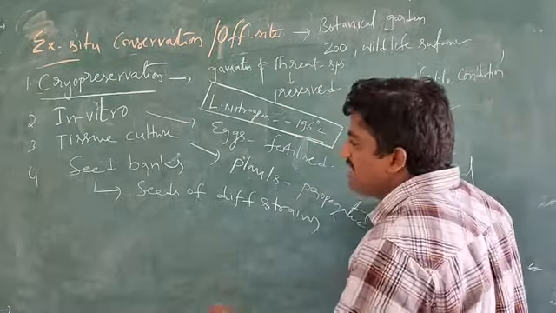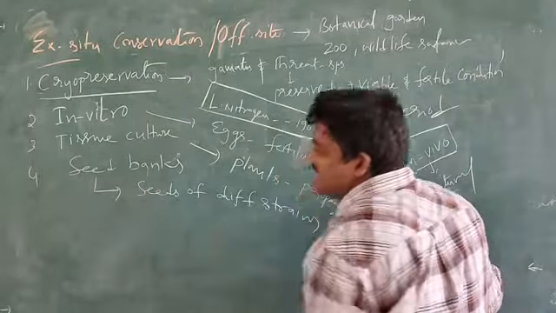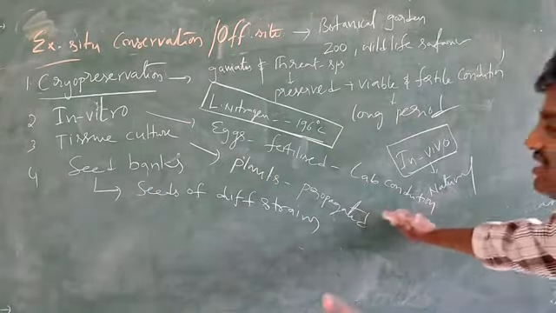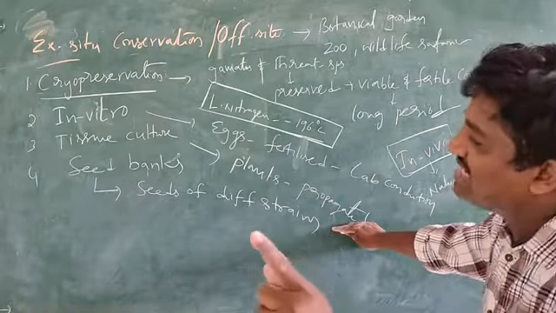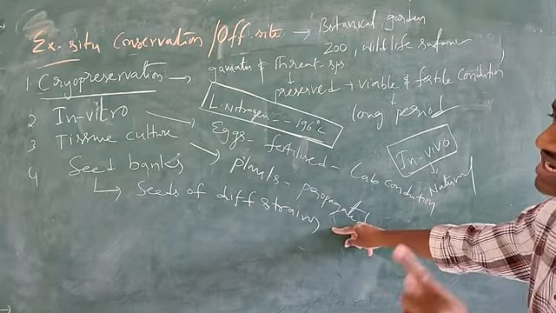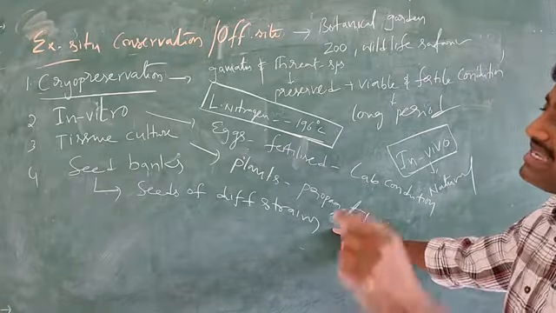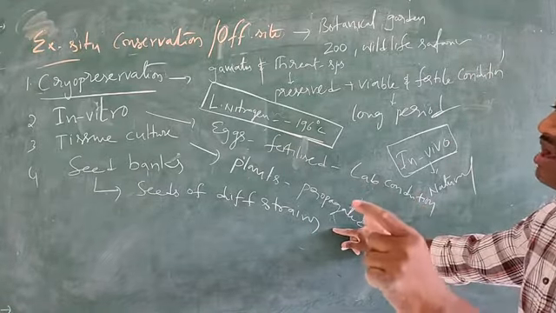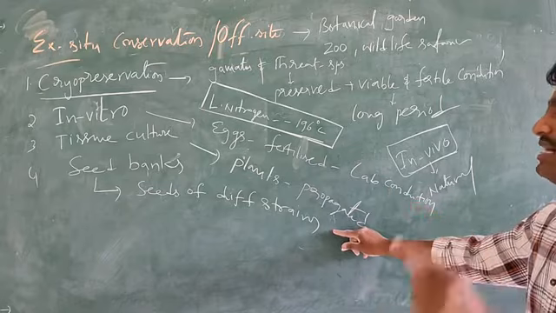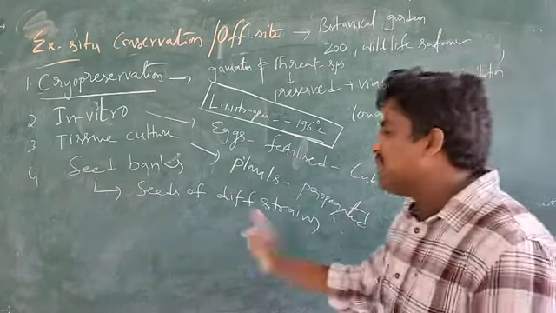Such preserved banks we call seed banks. Once again, the seeds of different strains of commercially important plants can be preserved for a long period. That's what we call seed banks.